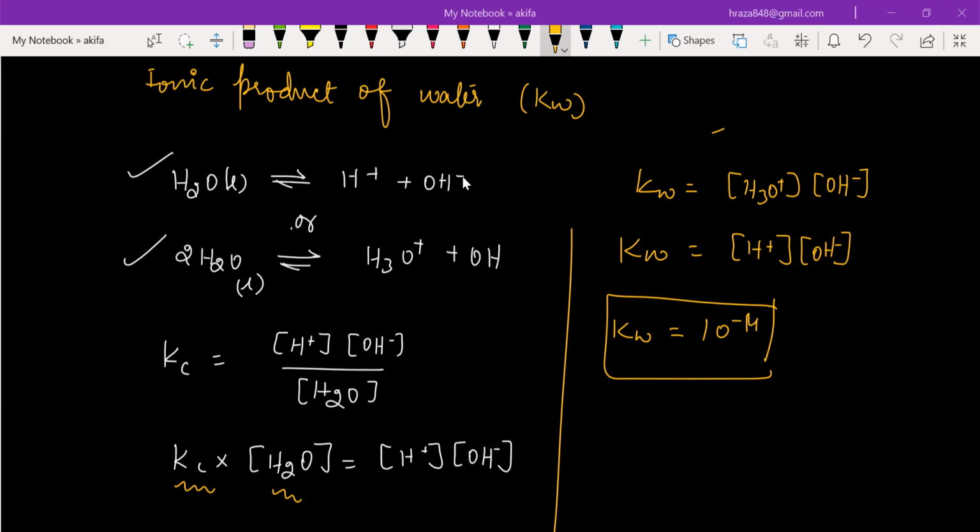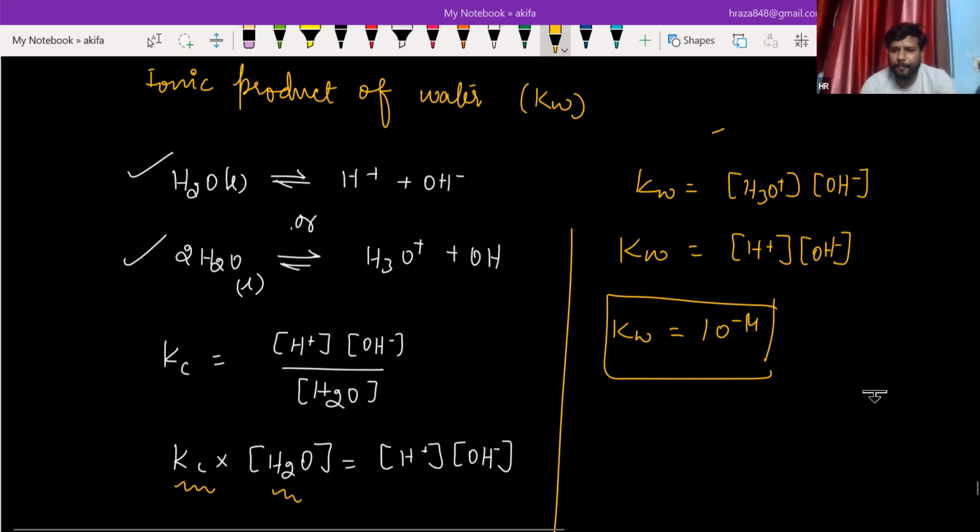Now we will have solubility. Just write the topic.